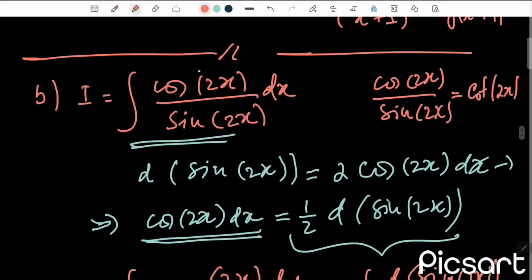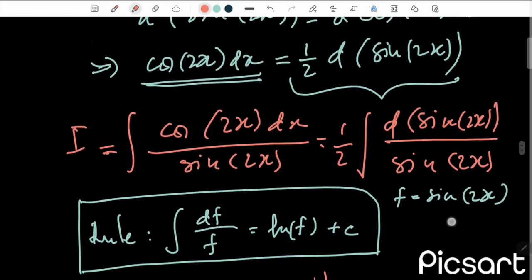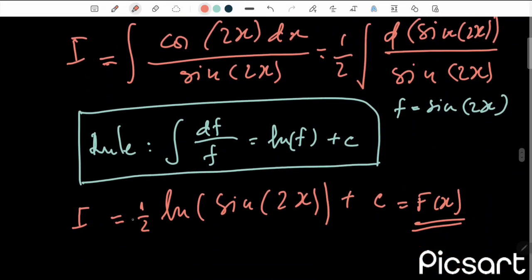Then here we are saying that the integral of cotan of 2x must be equal to 1 over 2 ln of sine of 2x.